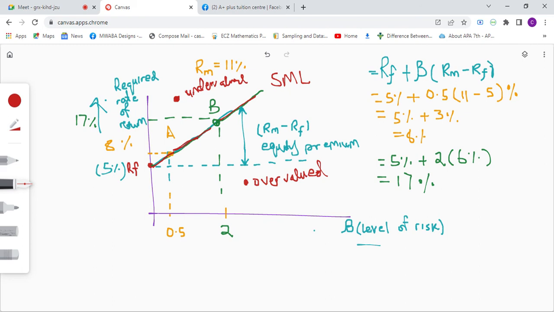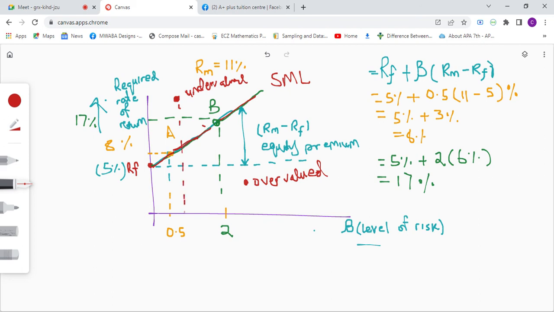Okay, because the reasoning behind that is, the reason behind it is because they're saying that the level of risk is too low for the required rate of return for, let's say, an undervalued stock.